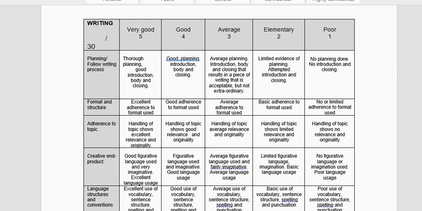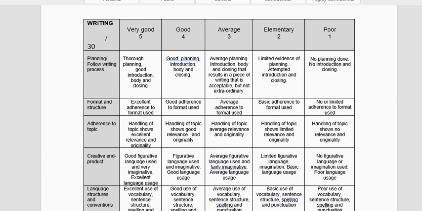As to the format and structure, I'm not going to go too much into this, because they will differ with regard to the topic chosen. Since we have blogs, we have movie trailers, we have a vast variety of different topics. Therefore, the formats and the structures will be different.